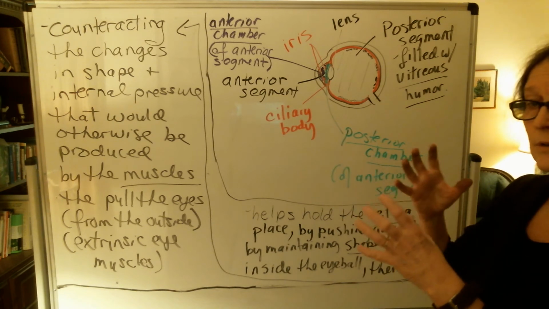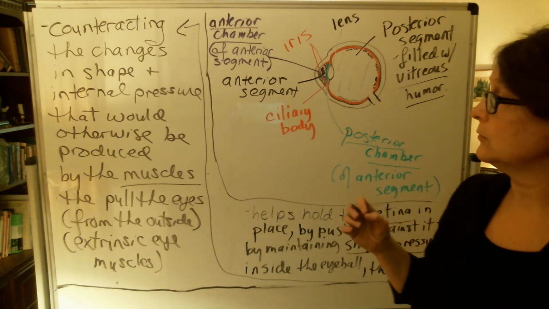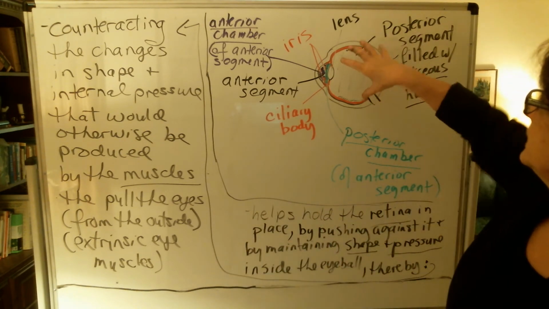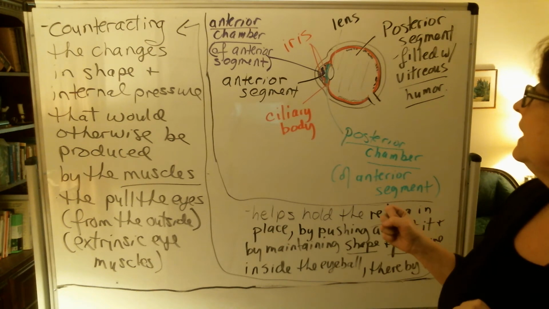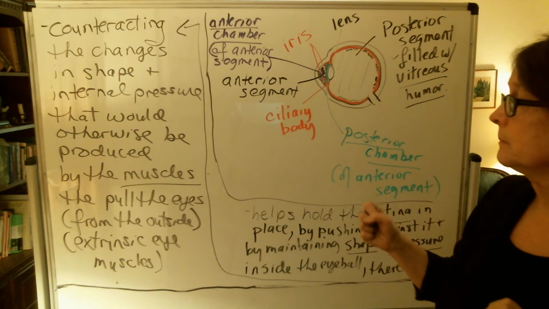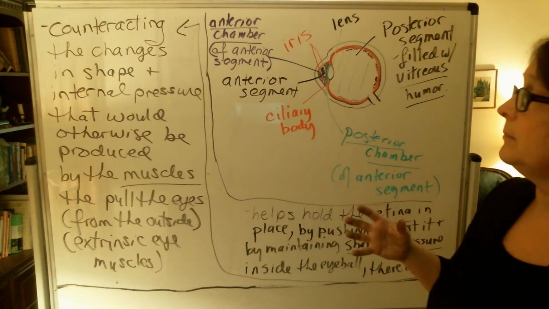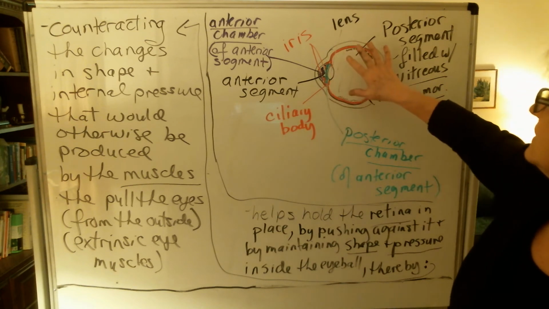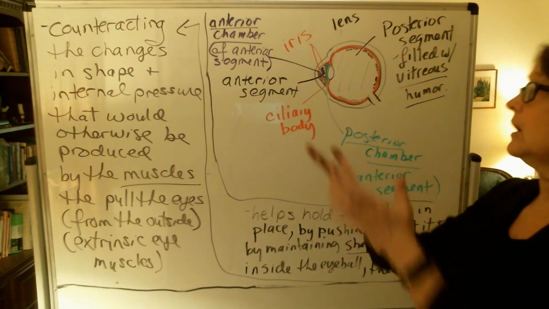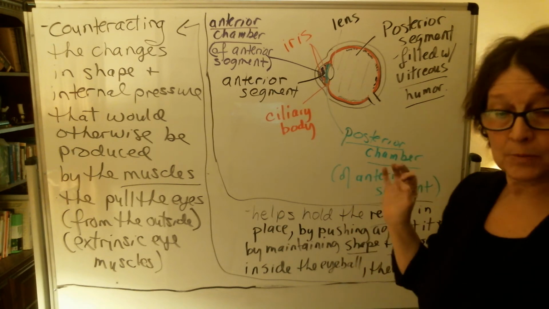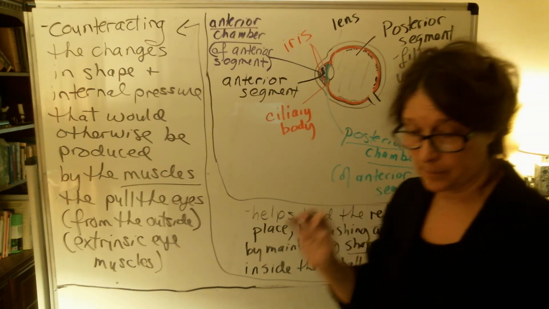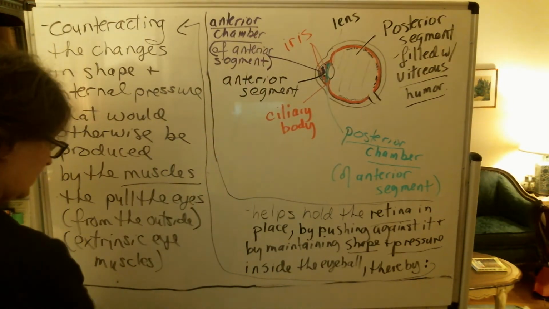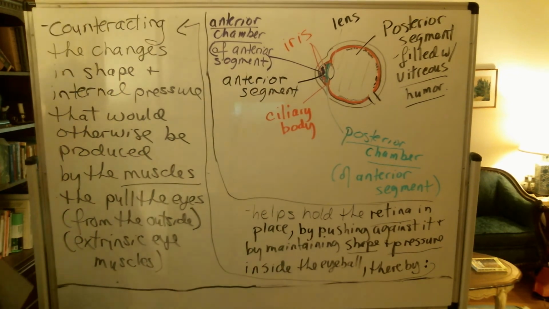So there's going to be a certain amount of minor, temporary deformings of this big globular eyeball, even though the sclera is pretty tough. So you're going to have these little bits of changes of shape, of changes of internal pressure, and having this clear gel just kind of sitting there pushing against the retina helps to hold it in place. I hope this makes sense. So that then is the posterior segment of the eyeball.